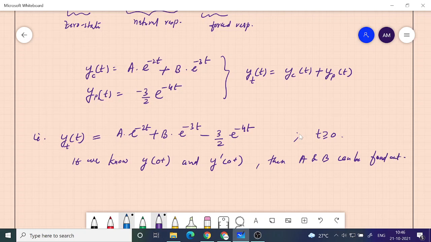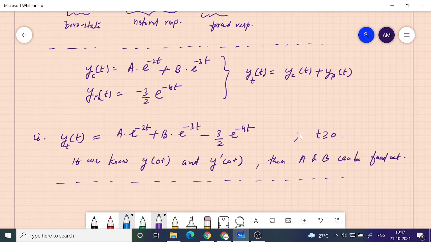So this is the approach, the outlined method for the mathematical method. This is what you usually do in mathematics, but there the initial condition requirement is at 0 plus, because this solution is valid for t greater than or equal to 0.